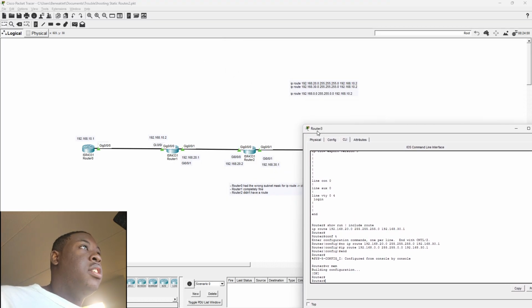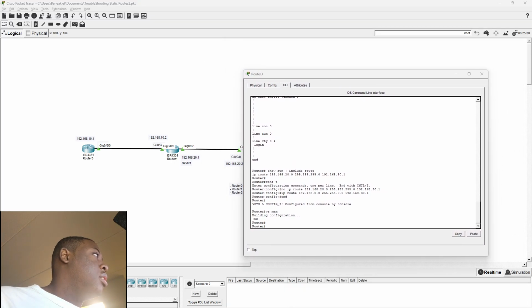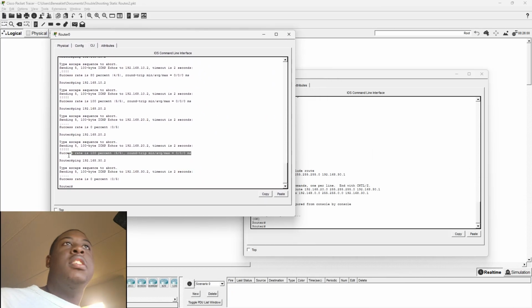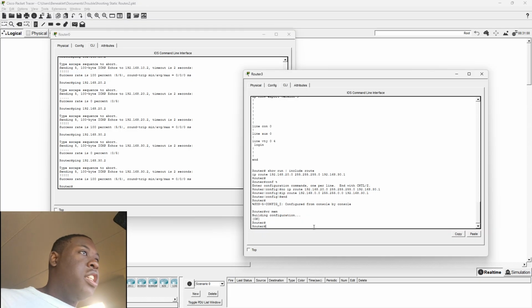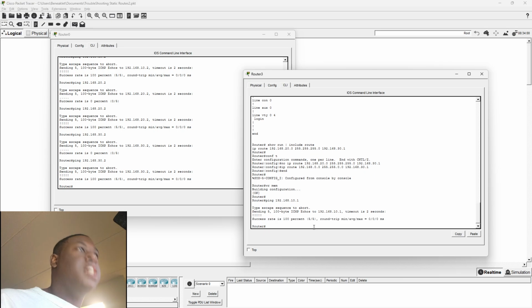Now we should be able to ping router. Yes, we can. And router 3 should be able to ping router 0. Yep.